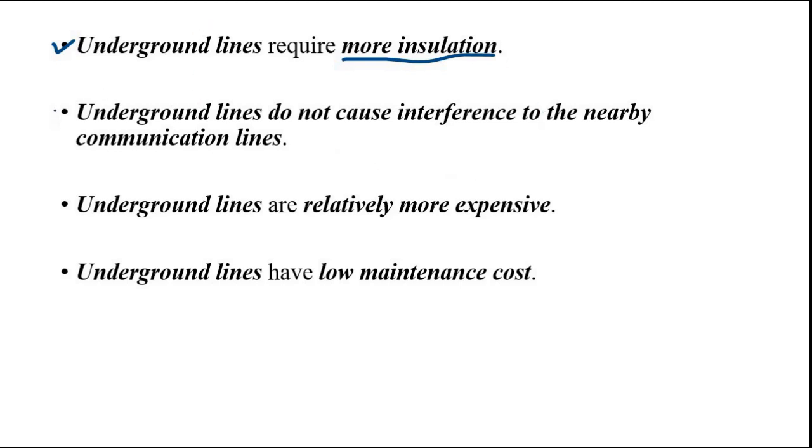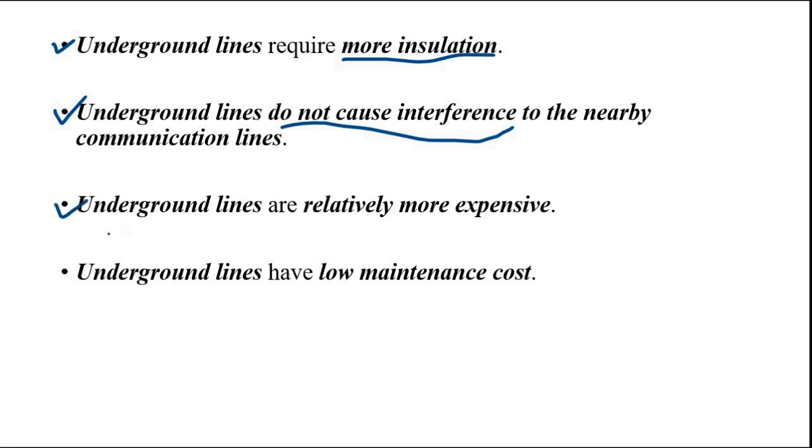But one of the most important advantages here is that it is free from interference from nearby communication lines, because it is not out there in the open. It is underground, so there is no chance of any interference by nearby communication lines. So there is no danger of interference which affects the efficiency of both the systems.